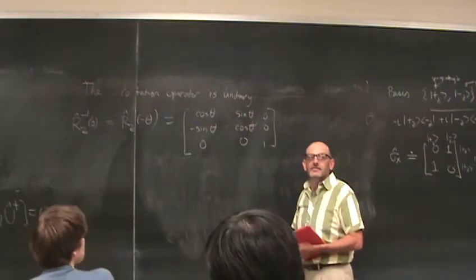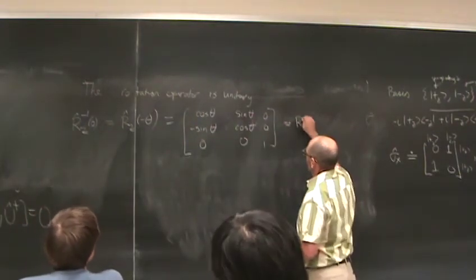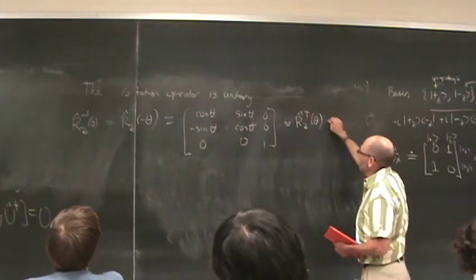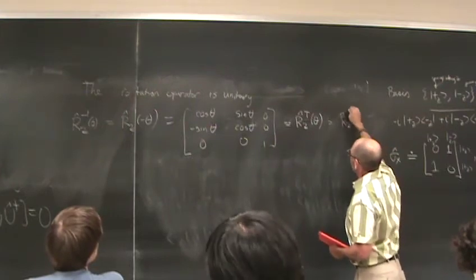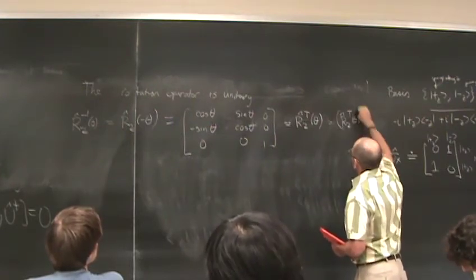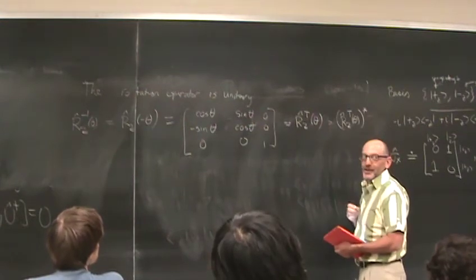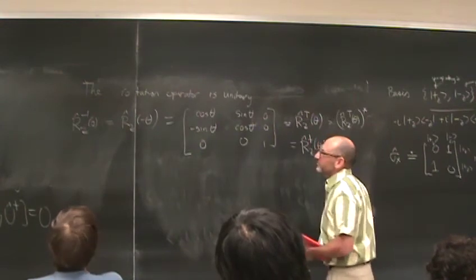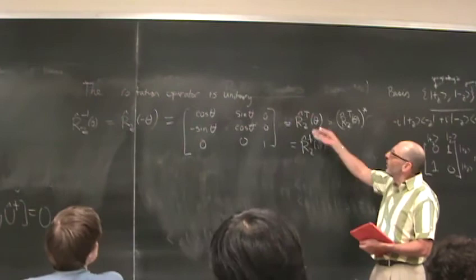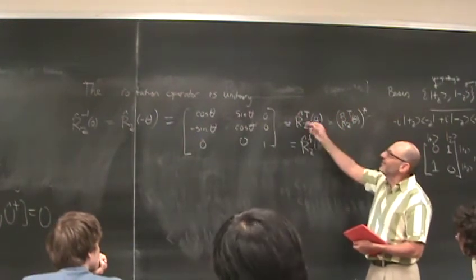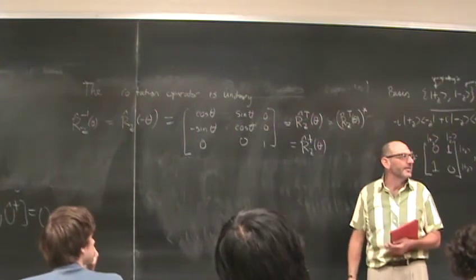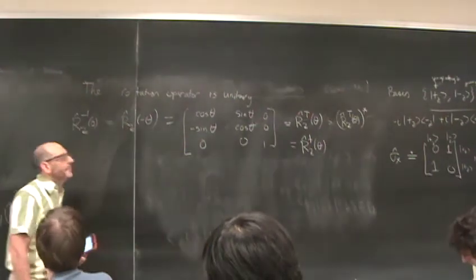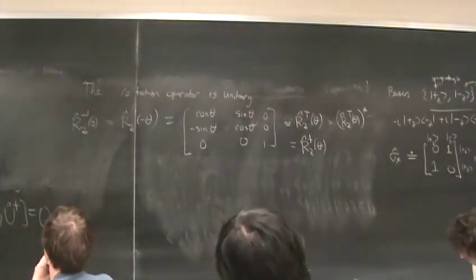But that's just the transpose of the matrix. But since all the elements are real, that's also the same thing as the adjoint, because everything is real. So this is unitary. It's also orthogonal. An orthogonal matrix is one whose inverse is its transpose. But if it's always a real matrix, then it doesn't really matter. We call it unitary.